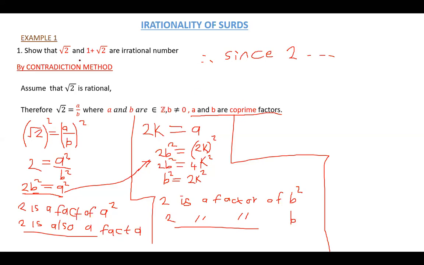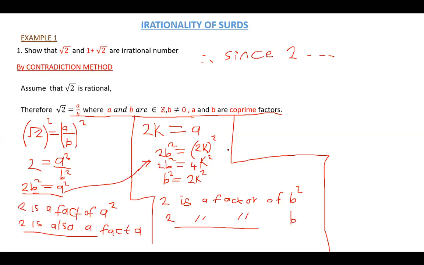Since this is the contradiction method, in short, we're just trying to find a mistake in any of what we've been given in this definition of a rational number. We have to find at least one point which is contradicting with this definition of rational number.